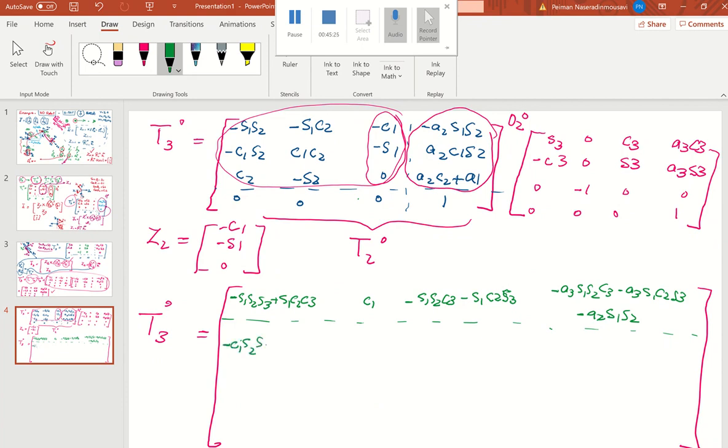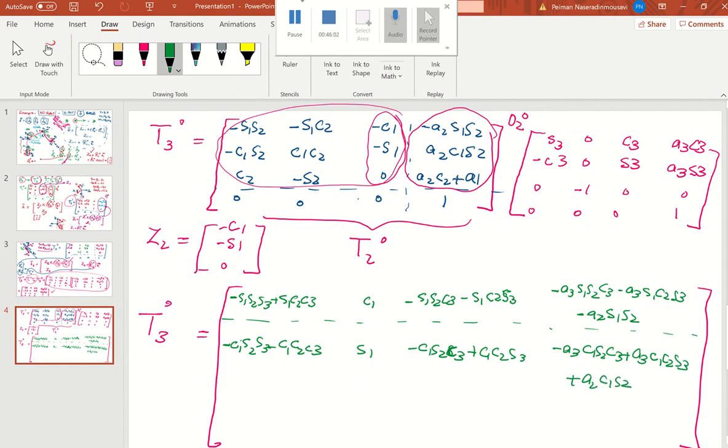Cosine 1 S2 S3 minus cosine 1 cosine 2 cosine 3 S1 minus cosine 1 S2 cosine 3 plus cosine 1 cosine 2 S3, minus A3 cosine 1 S2 cosine 3 plus A3 cosine 1 cosine 2 S3 plus A2 cosine 1 S2.